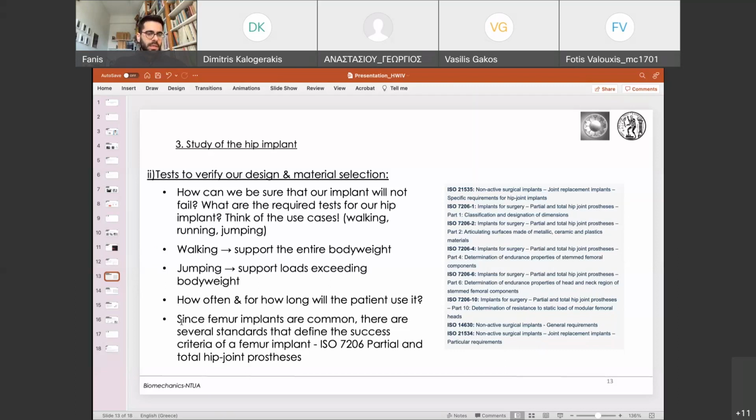But again, as I said earlier, when you're studying a pretty common problem, and femur implants are very common, you can find a lot of resources online.